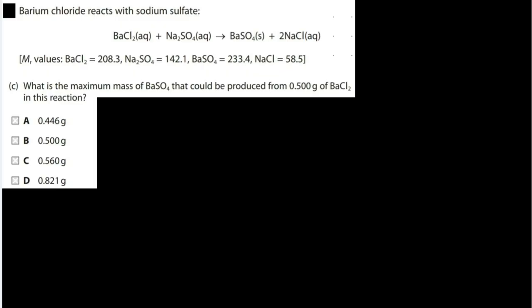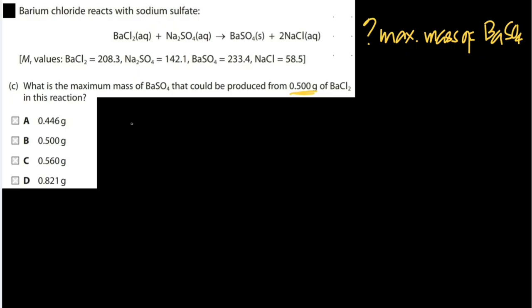What is the maximum mass of barium sulfate that could be produced from 0.500 gram of barium chloride in this reaction? So we are asked for the maximum mass of barium sulfate that would be produced given the mass of barium chloride.